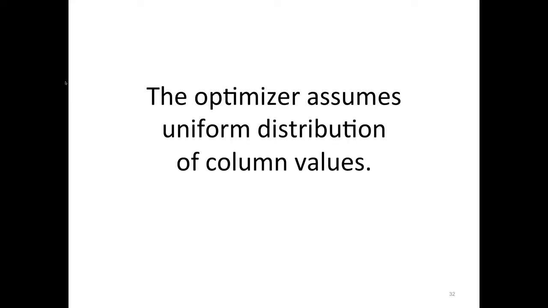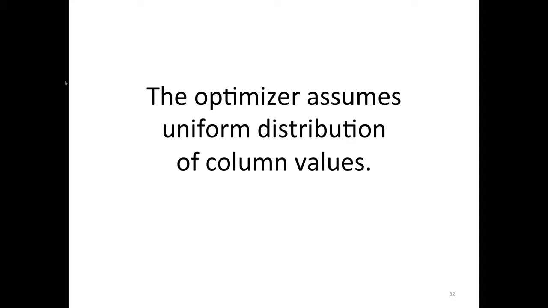Now, as I mentioned earlier, I wanted to talk a little bit about data skew and how that affects the optimizer's ability to compute good plans for you. As I mentioned, the optimizer does assume uniform distribution of column values.